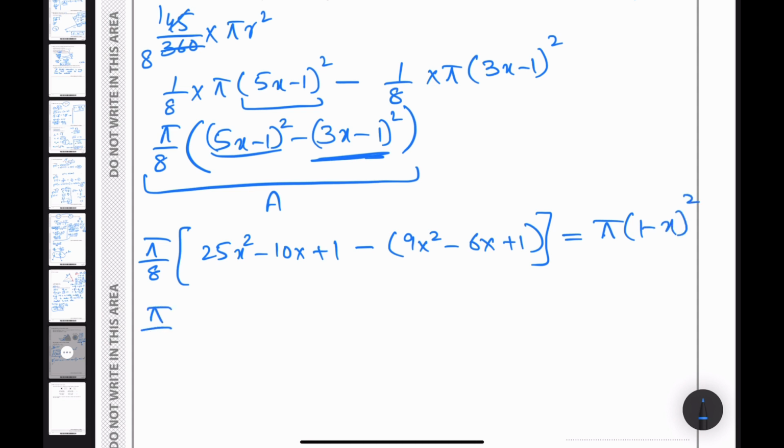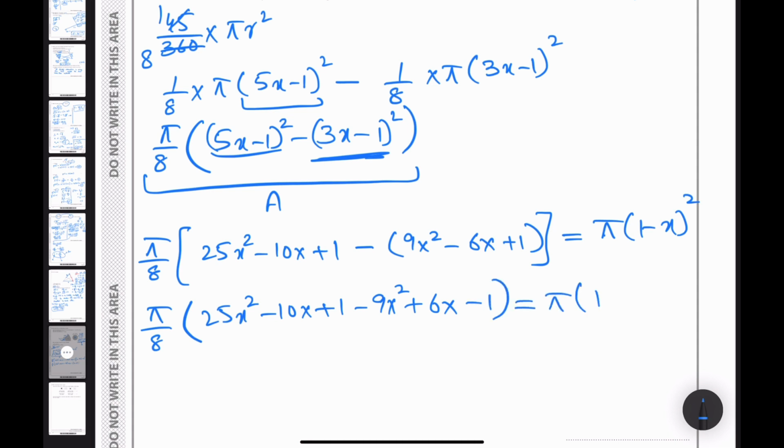It'll be like pi by 8. Now 25x square minus 10x plus 1 minus 9x square plus 6x minus 1 equals pi times 1 minus 2x plus x square. So it's like a square minus 2ab plus b square. That's the formula that I've used here.